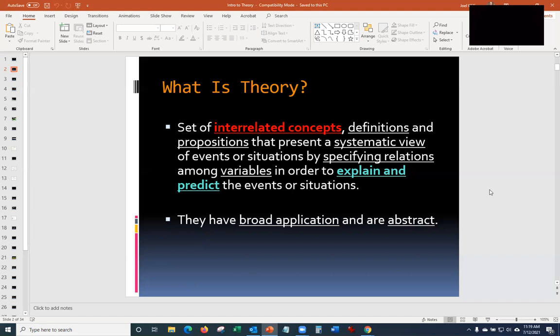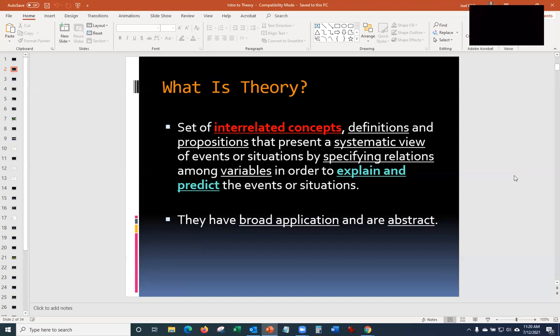One of the fundamental ideas in terms of theory is that if you have a good theory, it's broadly applicable. And so what that means is that although health behavior theories are usually developed for a specific purpose, like the health belief model was developed specifically to look at why people were not using free screening opportunities to test them for tuberculosis back in the 1950s and 60s.